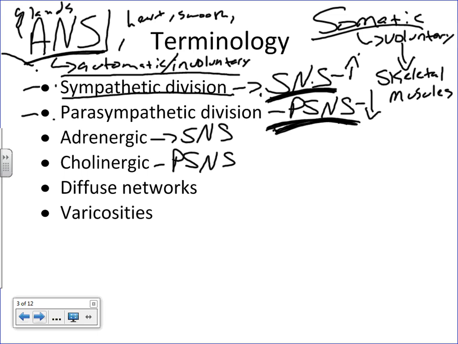I think it's easy to make this association because when you think adrenergic, you're going to think adrenaline, because they sound kind of similar. And when you think adrenaline, you all know what adrenaline does. You've all heard that word since you were little kids and known that adrenaline puts you in a heightened state. We'll talk more in depth about these a little while farther down the road in this presentation, but just keep these associations in mind for now.